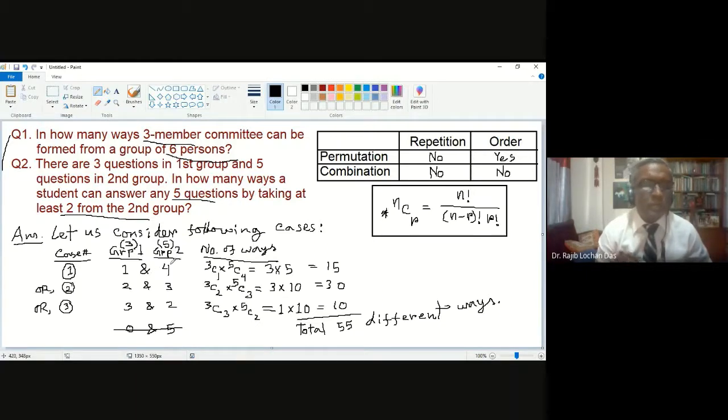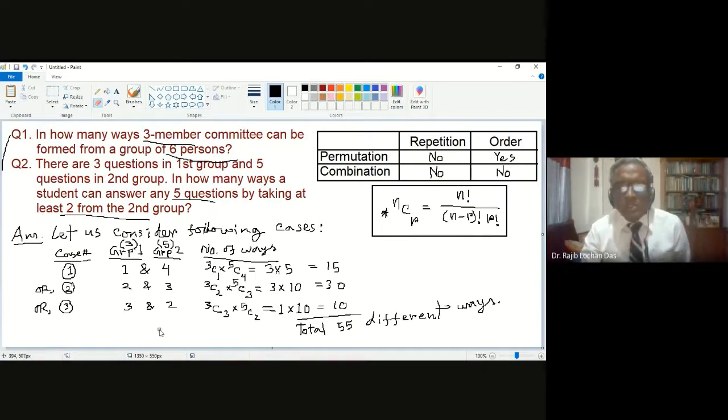So answer complete, finish. Or somebody will answer 2 questions from group 1 and 3 questions from group 2, then finish. Or 3 and 2, something like that. So it is or. So we will add together. So that is the answer for question number 2. Now, do you understand? Is that okay?